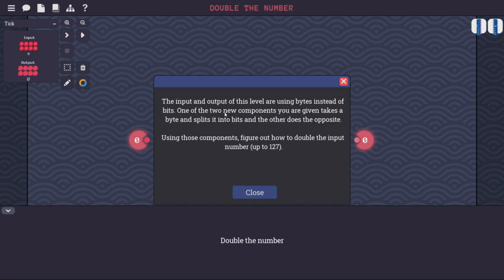One of the 2 new components you're given takes a byte and splits it into bits, and the other does the opposite. Using those components, figure out how to double the number of inputs to 127.